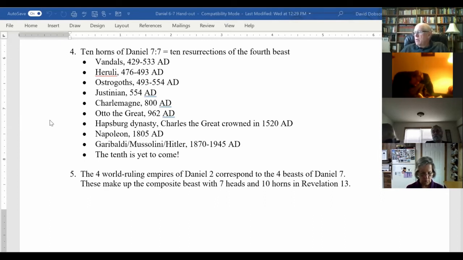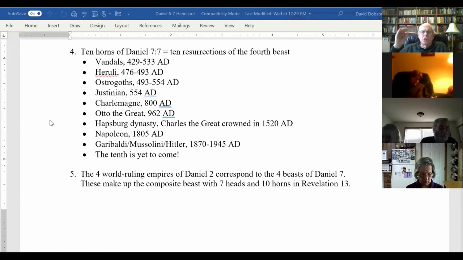And I came near to one of those who stood by, some of the angelic beings that were present, and asked him the truth of this. So he told me and made known to me the interpretation of these things. Those great beasts, which are four, again, we keep coming back to these being like carnivorous beasts of the earth, are four kings.